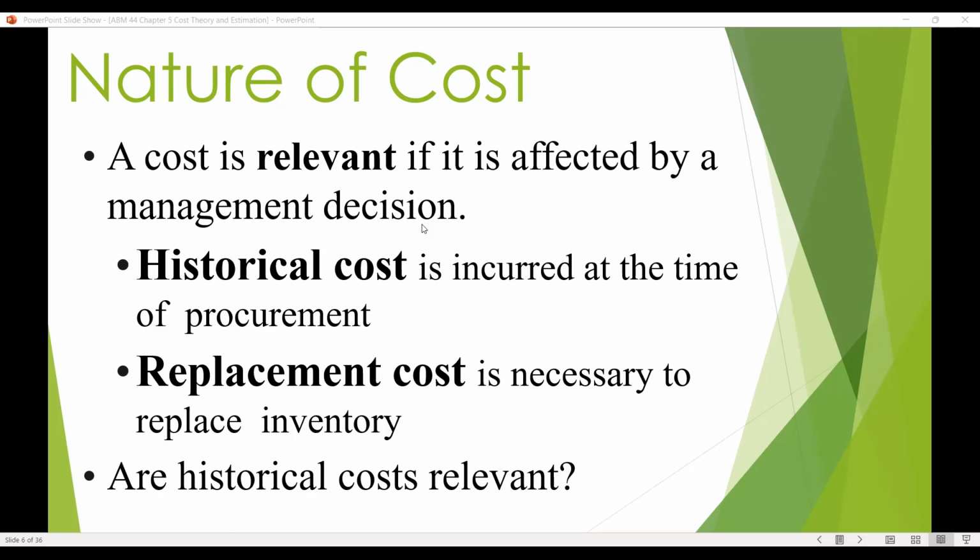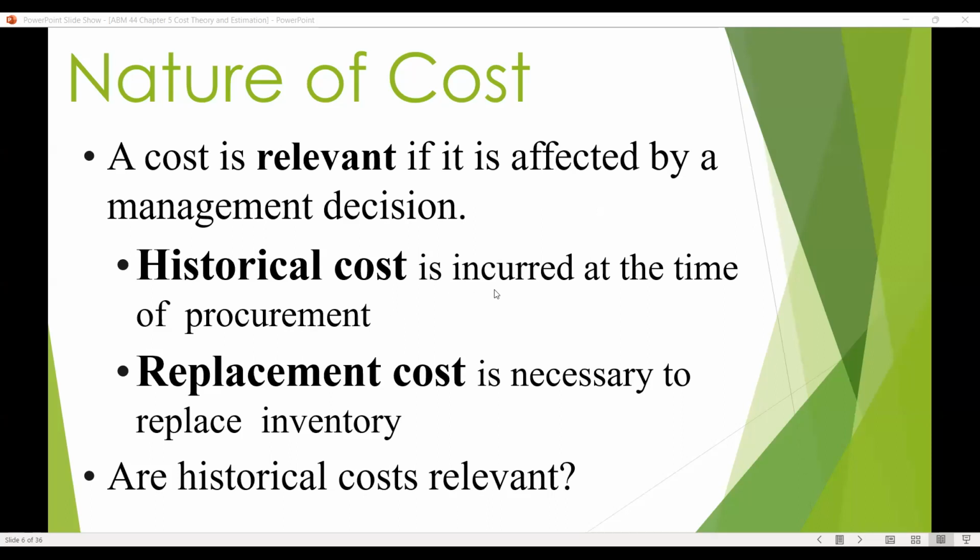Next, we have historical cost. Again, a cost is relevant if it is affected by a management decision. So we have different types of costs that are very relevant or helpful when it comes to doing crucial decision making. We have historical cost and replacement cost. Historical cost is incurred at the time of procurement.